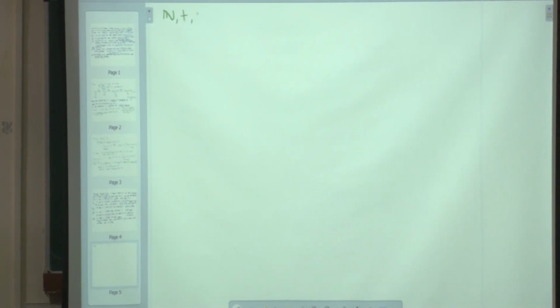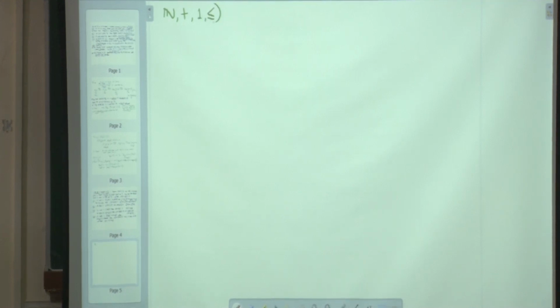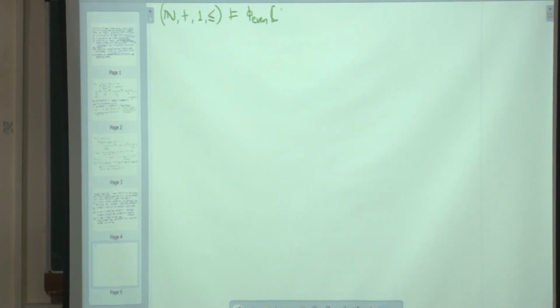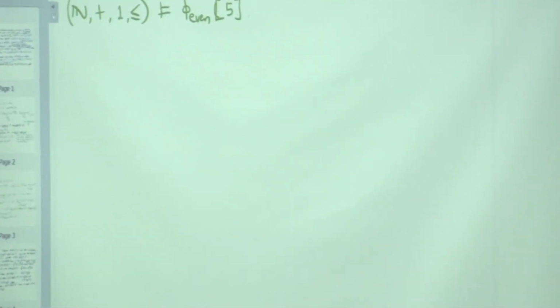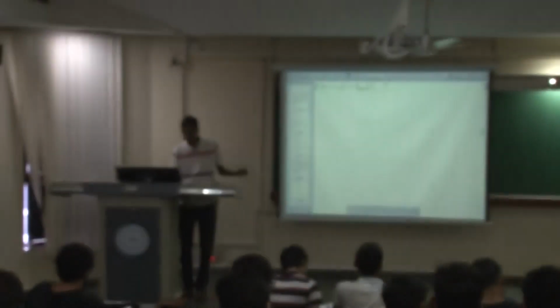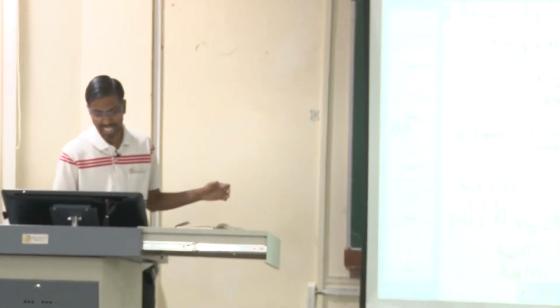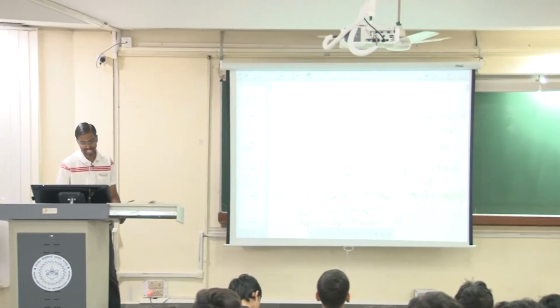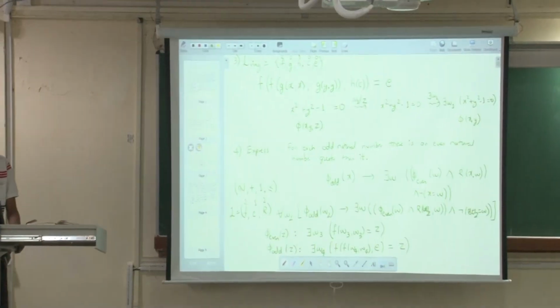So n plus 1 less equal satisfies phi even at five if, what is the definition of phi even? Let me go back. There exists a W3 such that f W3 equal to z.